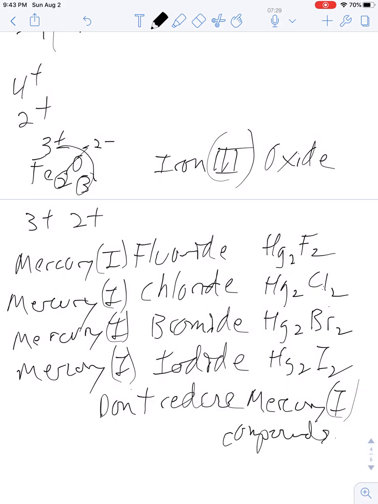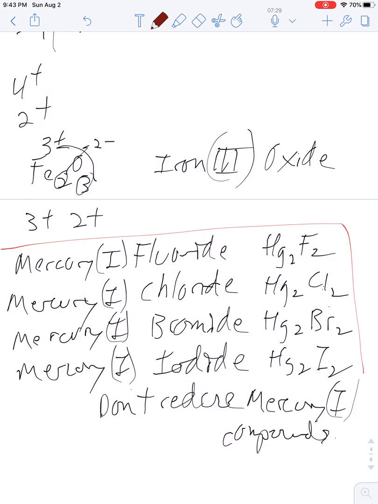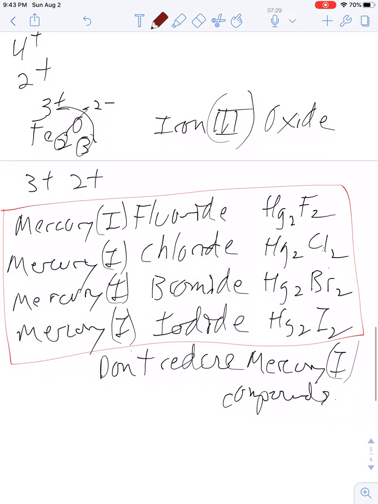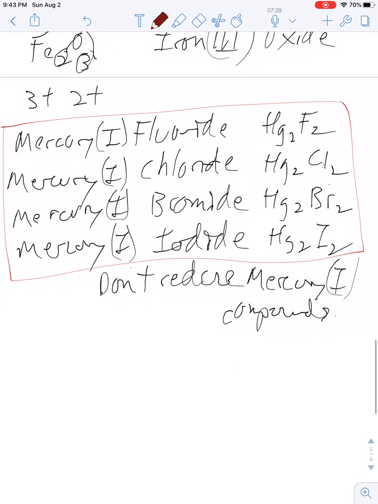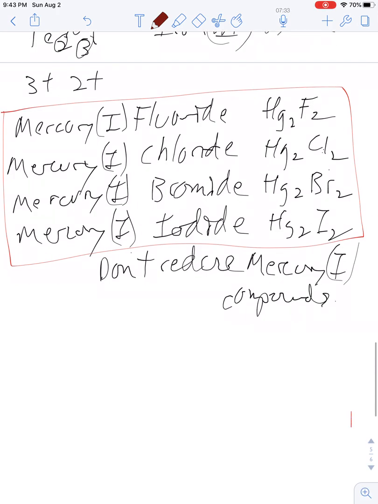Okay? So some people just find it easier to memorize the stuff in this box than to actually figure out what's going on. But if we were to try to figure out what's going on, it would be something like this.